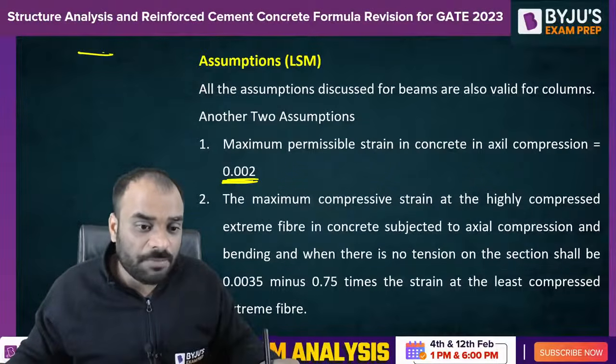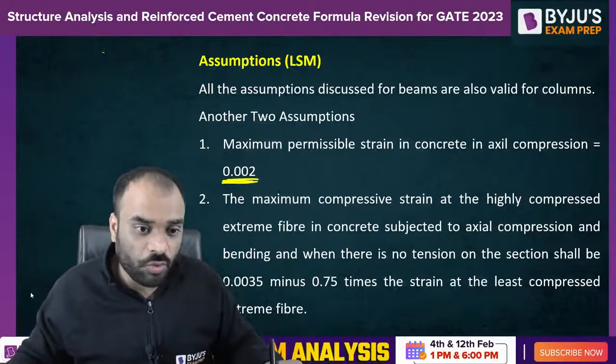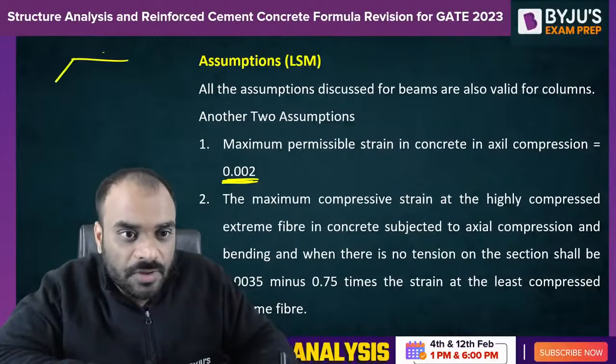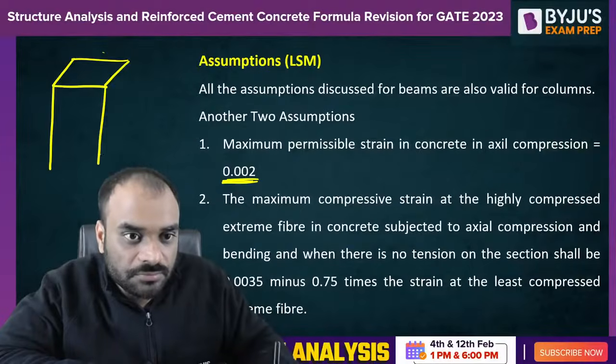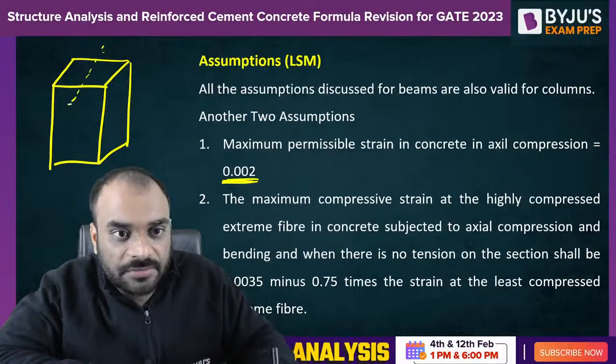Now guys, there are two types of strain value in the case of a column. One is the highly compressed fiber and the second is the least compressed fiber. Let me show you that. Let's suppose this is a column, and let us consider our load is placed at a certain eccentricity e.